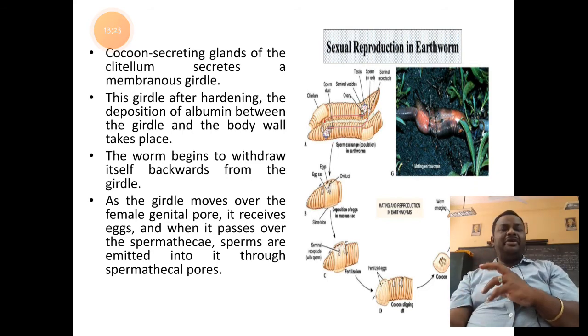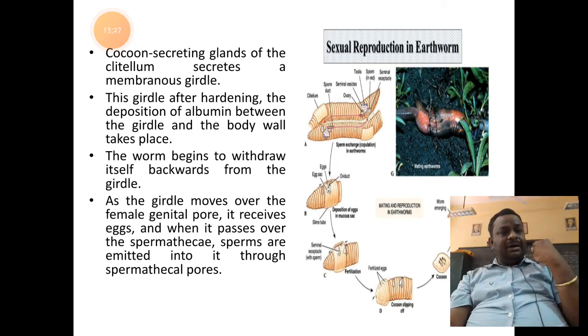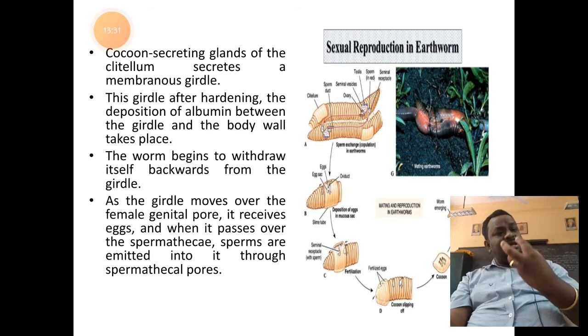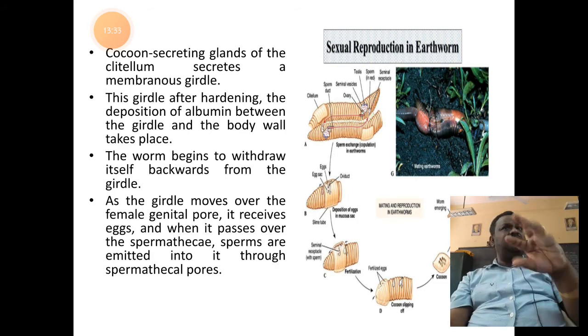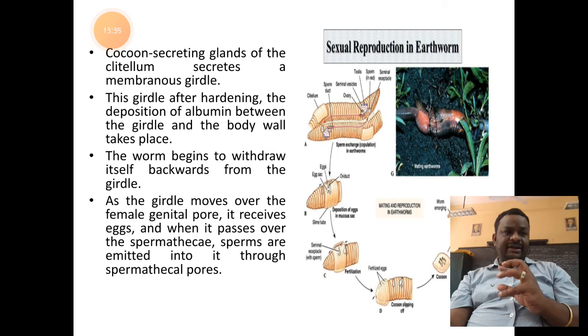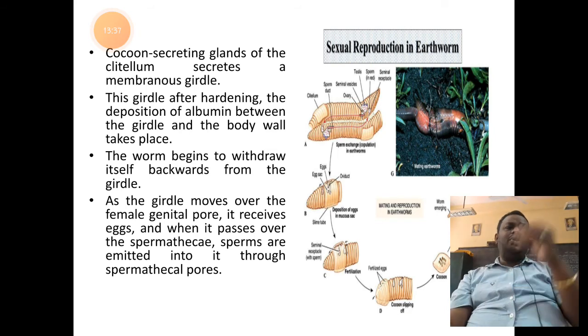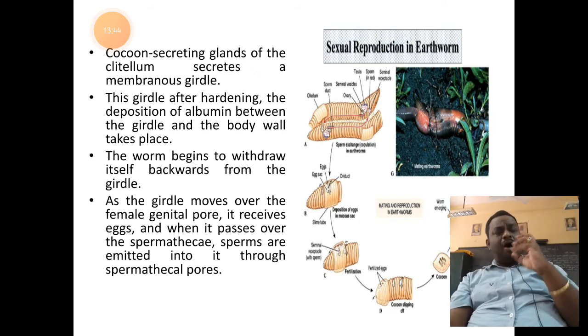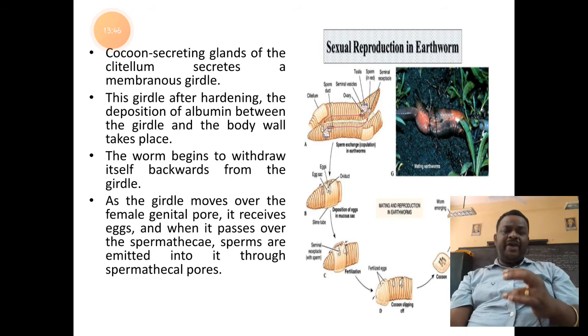Now, what is happening here? Into this outer cover, we find the albuminous secretion, into which these eggs are deposited, and later the sperms are also deposited. So, in each of these girdles of cocoon, we find the albumin, a number of eggs, and a number of sperms.